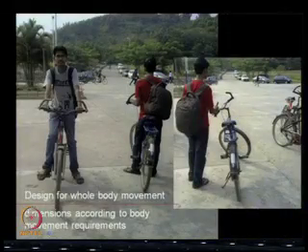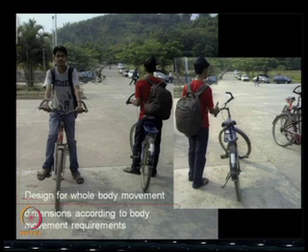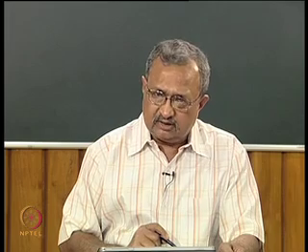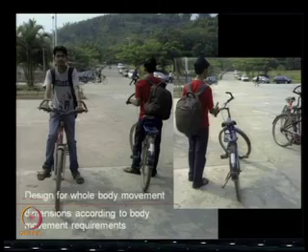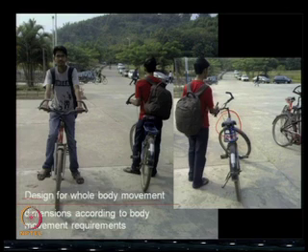Now, another thing is design for whole body movement, meaning the whole body is moving on an object. Now, what would be the design considerations? There are a variety of considerations, but one thing I would like to say here is dimensions according to body movement requirements. This is a seat, suppose.